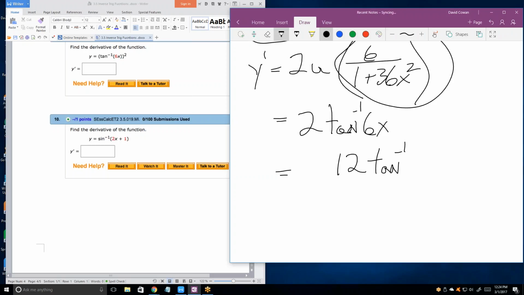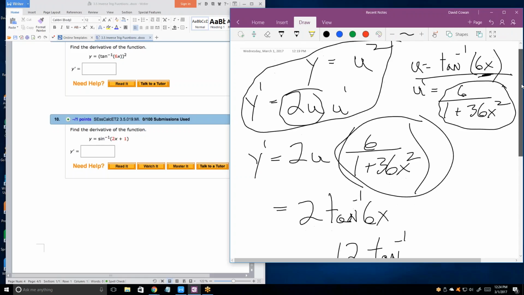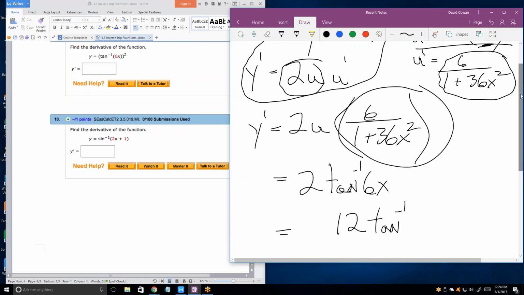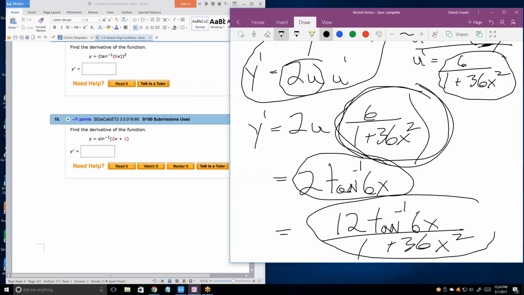Hold on, I got lost. Let me go back here. Sorry. u is inverse tan of 6x, so 2u is 2 of those. And I'm multiplying it all by this. In other words, I'm multiplying this times this. And I end up with 12 inverse tan of 6x all over 1 plus 36x squared. That cannot be simplified. Go ahead and enter that in. Okay.